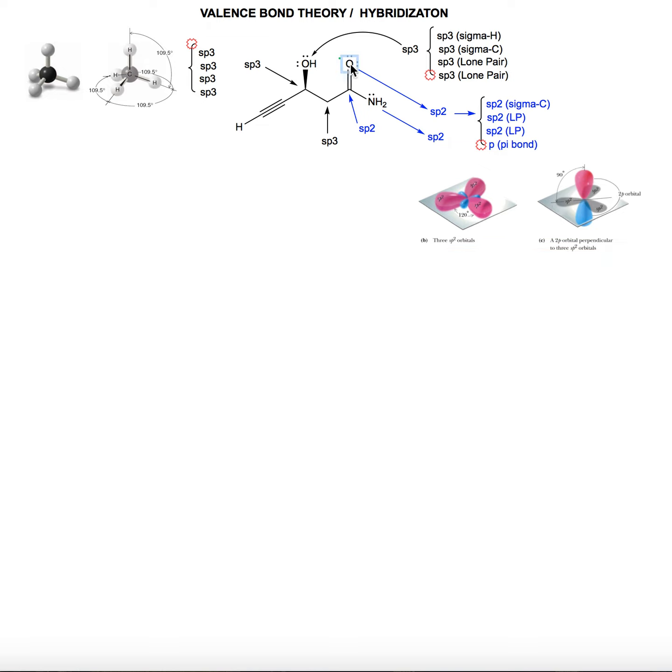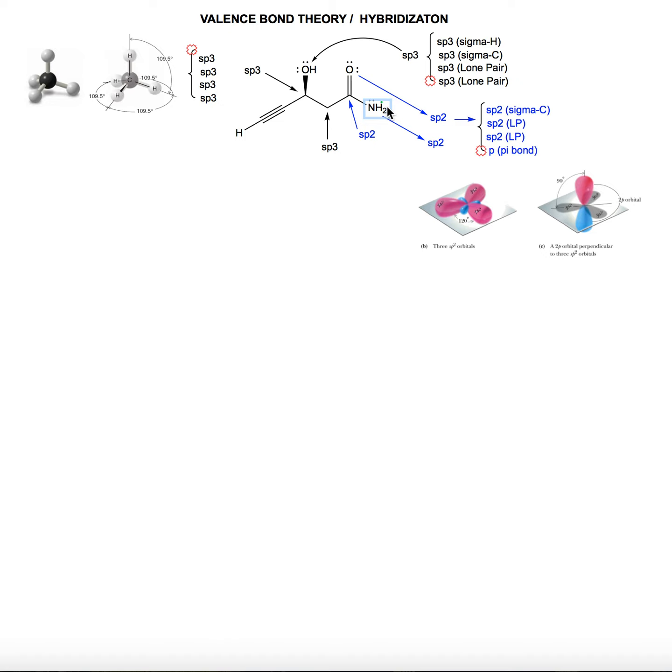So for this oxygen, the angle between the lone pairs and the sigma bond obviously has to be 90 degrees, okay? The lone pairs, the angle between the lone pairs and the pi bond, it has to be 90 degrees. So the lone pairs, once again, are located in two sp2 hybrid orbitals, and the pi bond is through the pure p orbital. So the angle between these two is 90 degrees, okay?